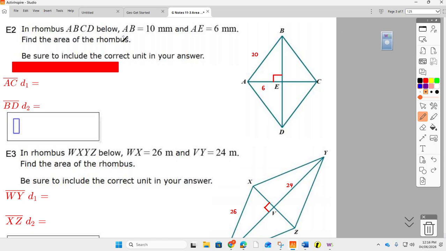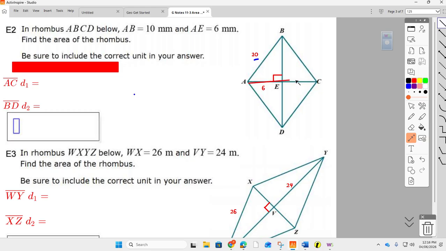Example 2. In rhombus ABCD below, AB equals 10. So go ahead and label that, 10 millimeters, and AE equals 6. Be sure to include the correct unit in your answer. So we didn't get either diagonal in the given information, right?